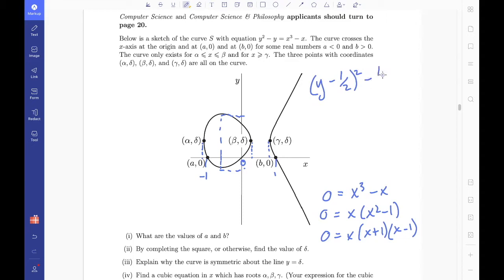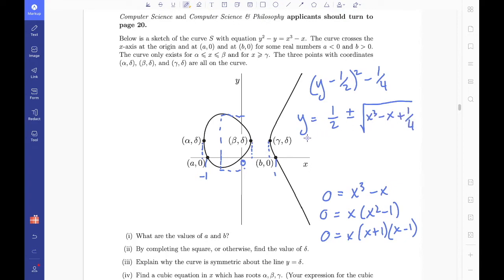So we're going to take away that quarter, and that's still equal to x cubed minus x. If I rearrange this for y, you can see it a little clearer. It becomes 1/2 plus or minus the square root of x cubed minus x plus 1/4.